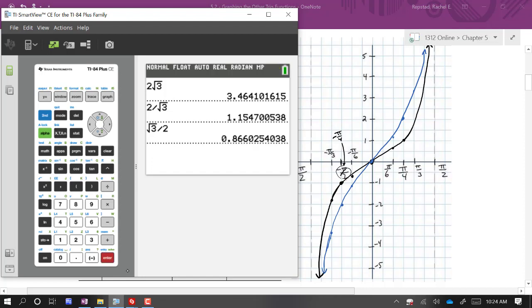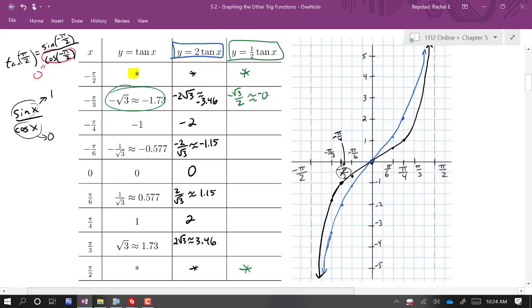And that's about negative 0.866. Down here at positive pi over 3, we have positive root 3 over 2, which will be about positive 0.866. At pi over 4 and negative pi over 4, tangent is 1 and negative 1, I'm going to cut those in half. So up here we get negative 1/2, down here I get 1/2.